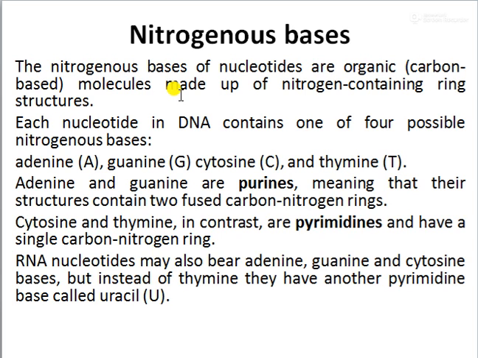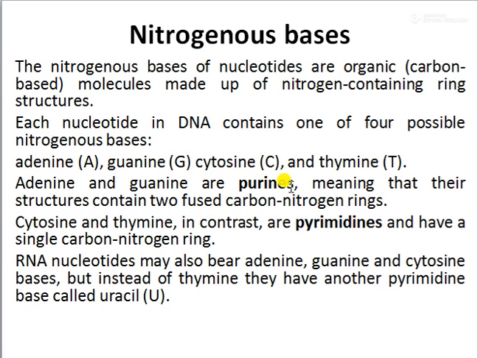Nitrogen bases. The nitrogen bases of a nucleotide are organic carbon-based molecules made up of nitrogen containing ring structures, as they are double ring and single ring structures. Each nucleotide in DNA contains one of four possible nitrogen bases: adenine, guanine, cytosine, or thymine.